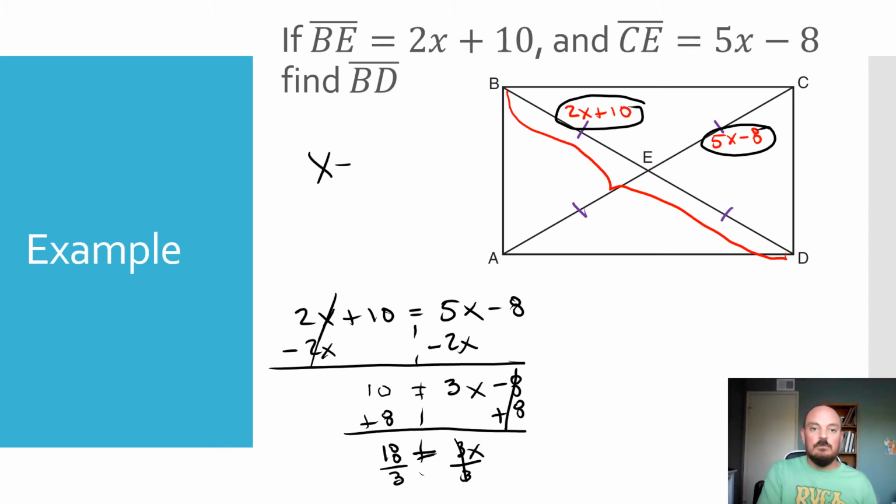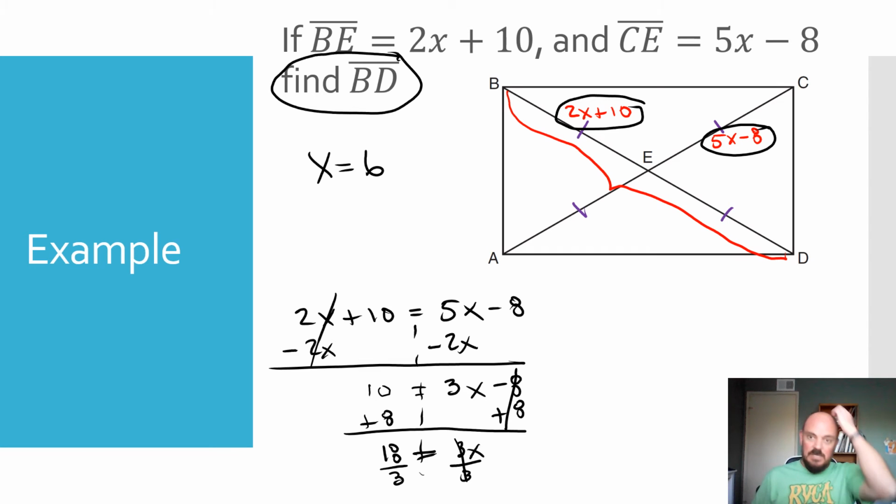X is 6. Now, that's not the answer to the question. Remember, I didn't say solve for x. I said find BD. Now, BD is all the way, it's one of the full diagonals. What I'm going to do, I'm going to do this in 2 steps. The first thing I'm going to do is figure out what BE is.